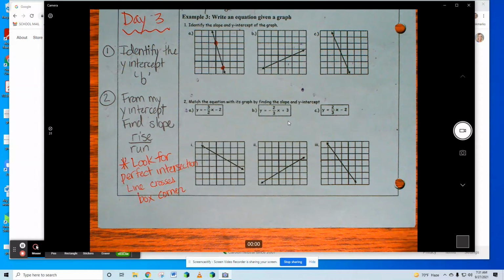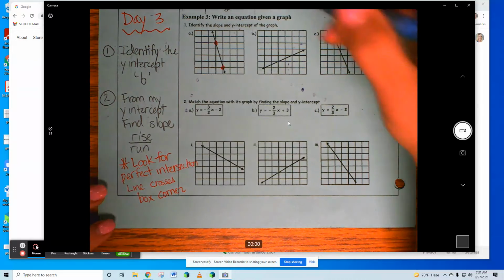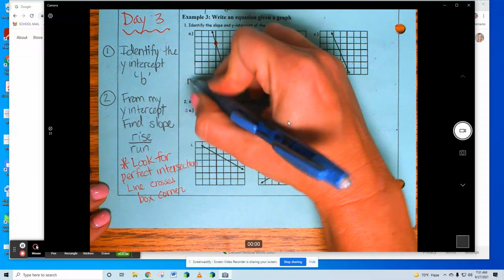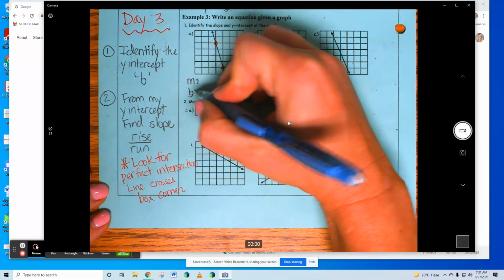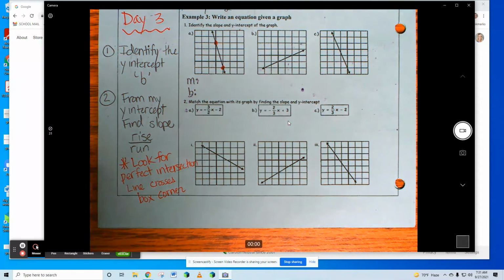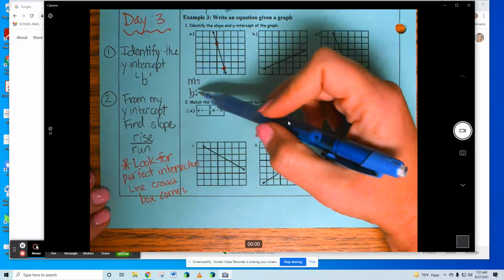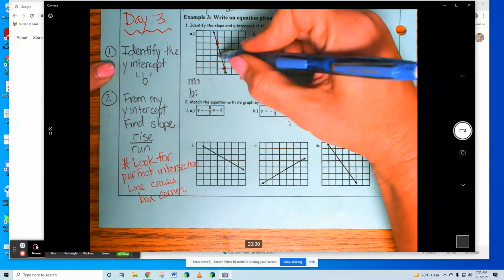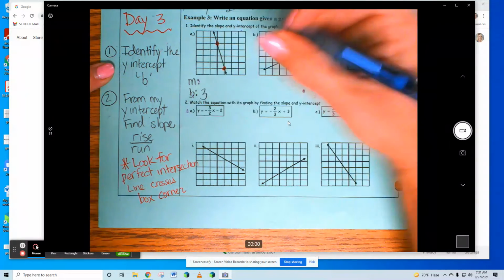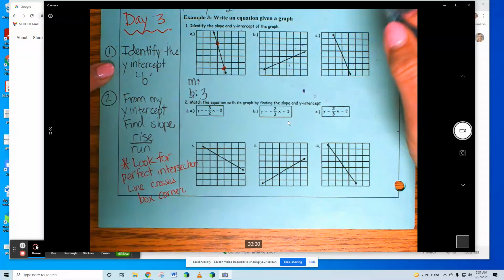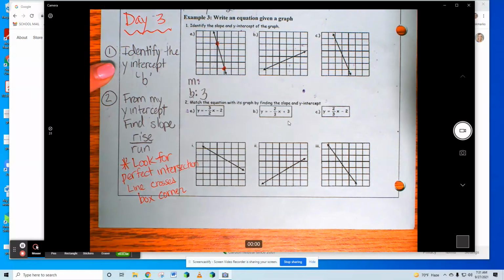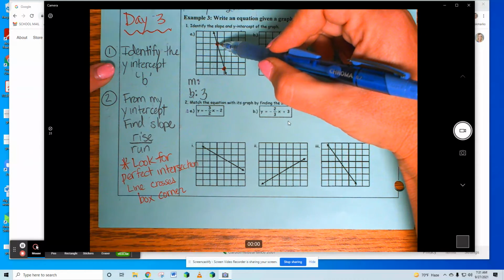So here we go. If I'm going to identify my m and my b, I'm setting it up so I can write down each one individually. Step one, identify the y-intercept, my b. My b is 3: 1, 2, 3. It crosses at (0, 3). Then from my y-intercept, I need to find the slope.